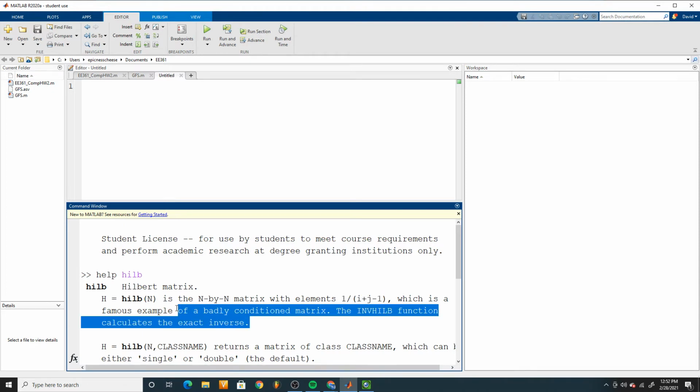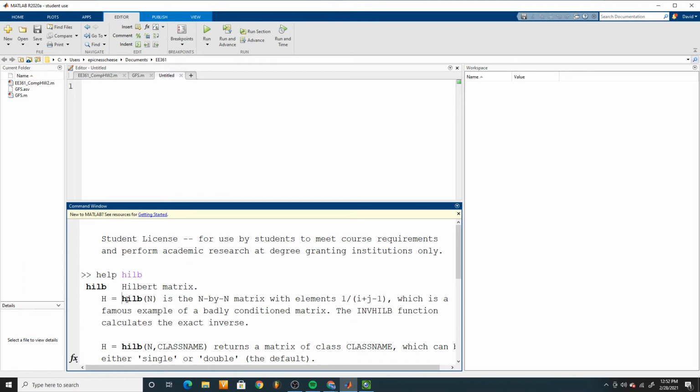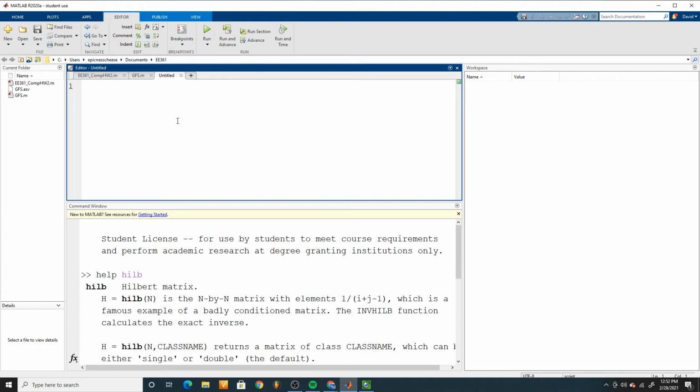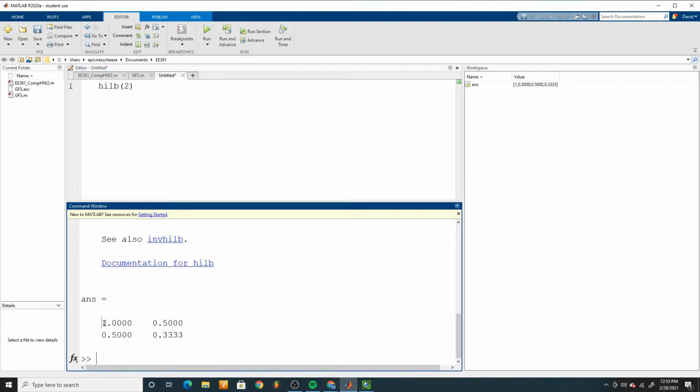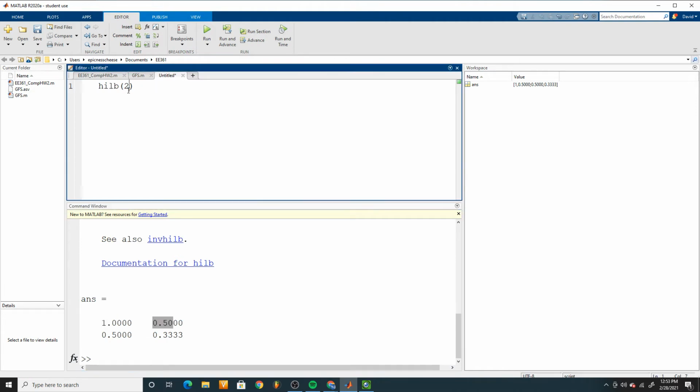Dr. Stuber talked about that. If you're confused, try Hilb of 3 or 2. If we enter that, oh, what's this?